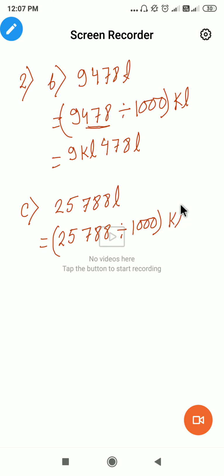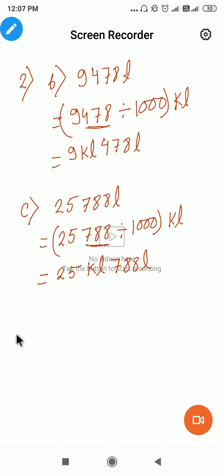So this will convert it to kiloliter. How many zeros are there? 3 zeros. That means you have to hide 3 digits from the end. So if you hide 3 digits from the end, what are you looking at now? 25 is left in the left hand portion. So this will be 25 kiloliter and 788 liter.